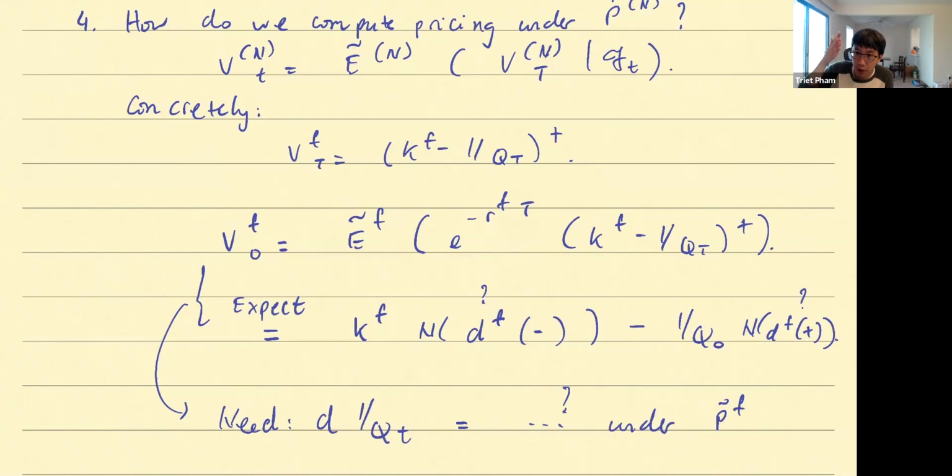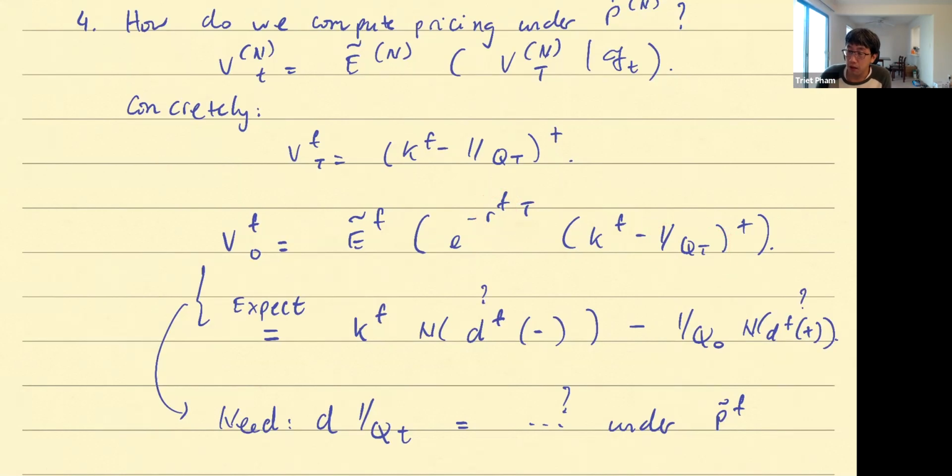You got to give Black-Scholes R and sigma, then Black-Scholes will tell you this is N(d plus), N(d minus), etc. So if you don't know what R and sigma is, I guess here you know R is RF. That comes for free. What's sigma? What's the volatility?